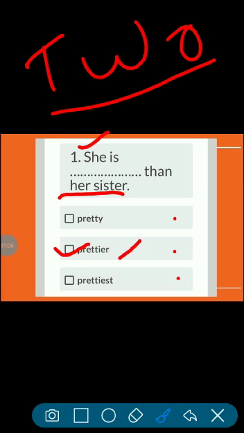ER is the comparative form and EST is the superlative form. So we have to use the comparative for comparing between two nouns or pronouns. So she and her sister, there is comparison between two, so we have to use the comparative form of it, and that is prettier.